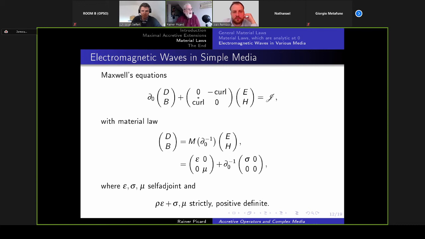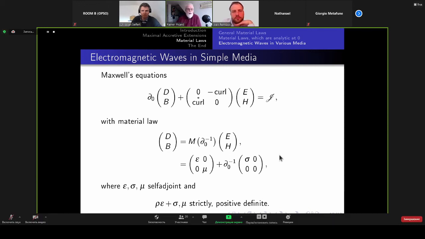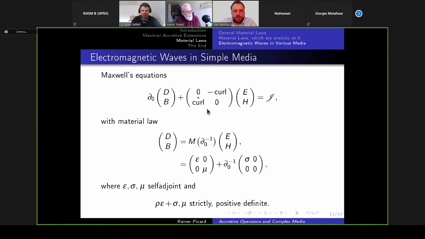Well, there are variants of doing that, but then you have to slightly modify your curl. You can combine the curl with the boundary trace of curl as a column, and then take the adjoint of this column construction.